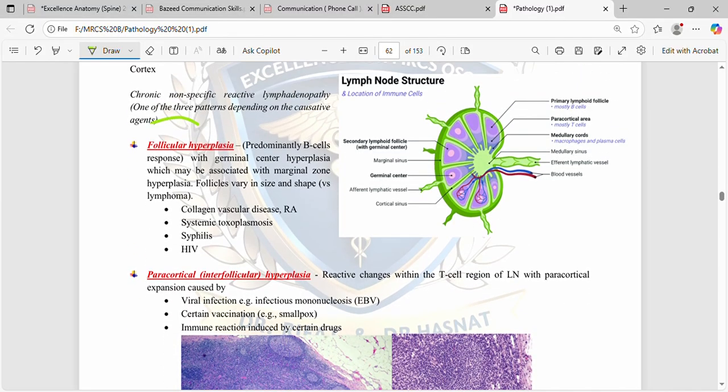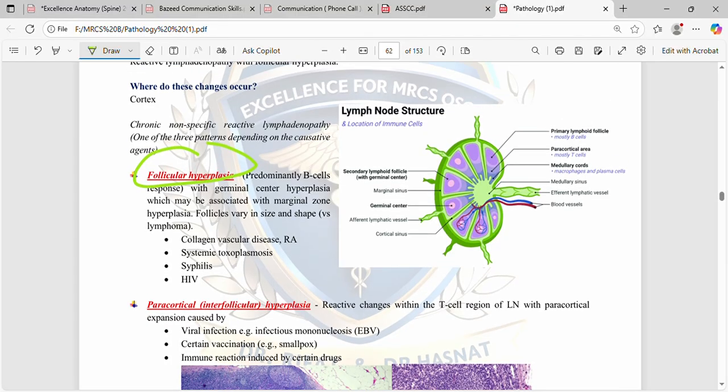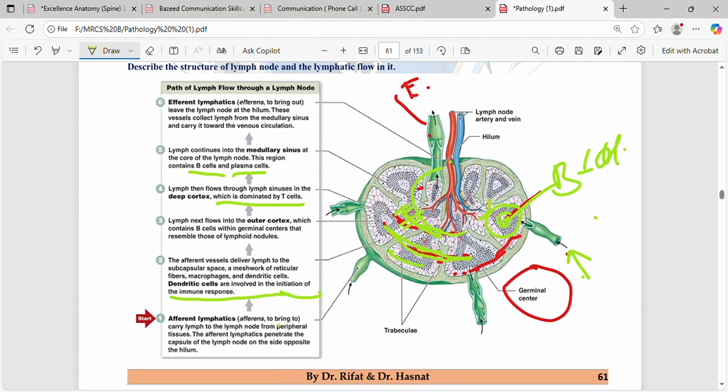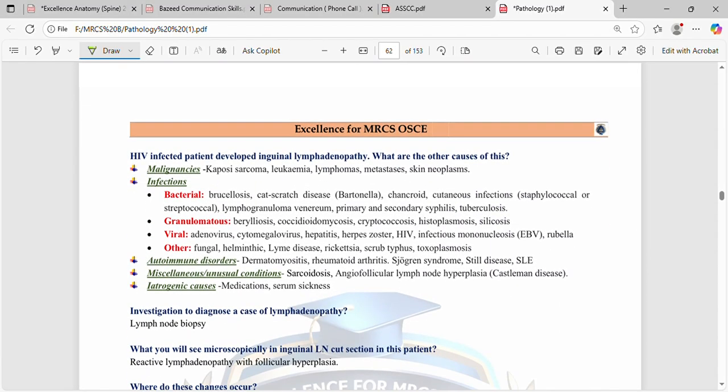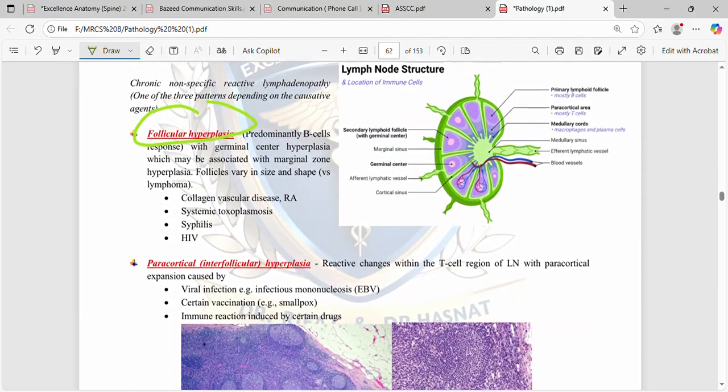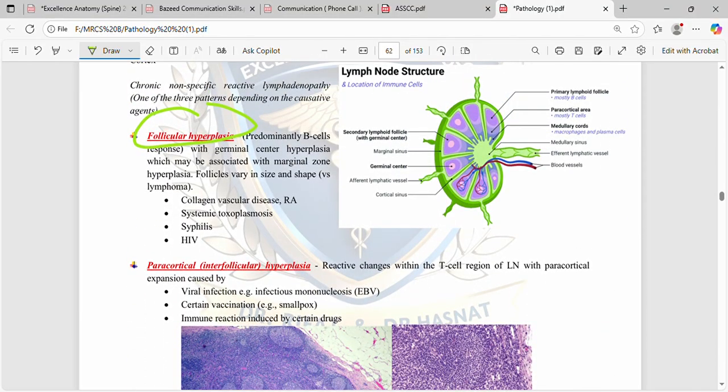The follicular hyperplasia, as we discussed here, these follicles enlarge, and there is continuous production of B cells, so that's why we say that these are due to follicular enlargement. Why does this occur? This occurs in collagen vascular disease, rheumatoid arthritis, systemic toxoplasmosis, syphilis, and HIV.